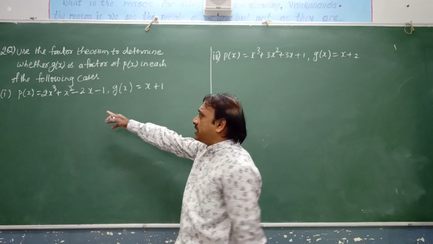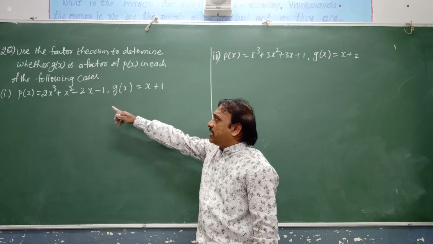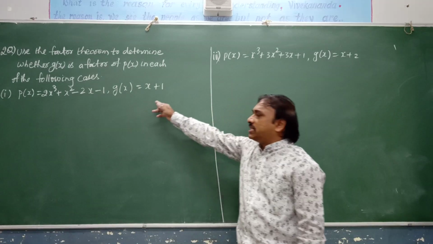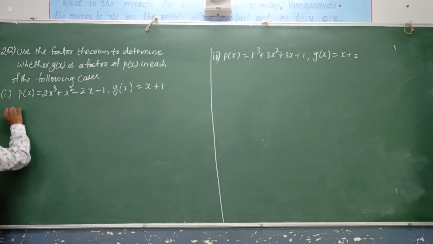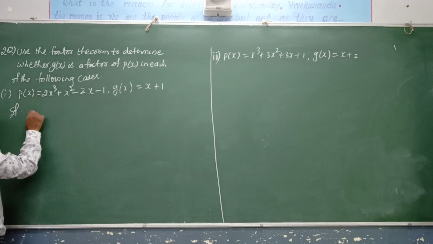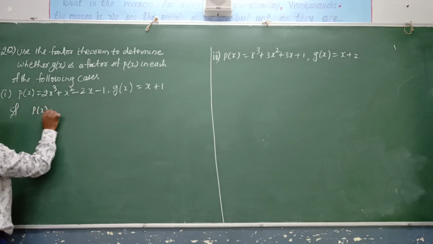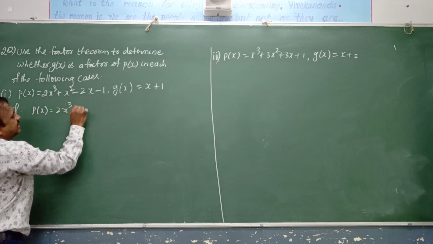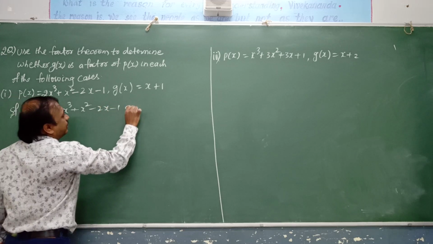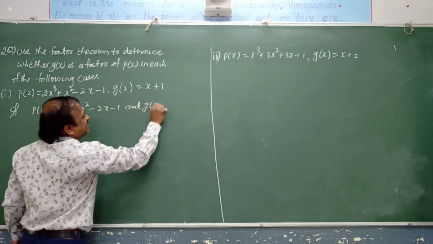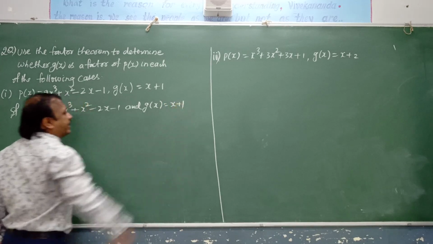What is p of x? 2x cube plus x square minus 2x minus 1, and g of x is equal to x plus 1. So in this solution, let p of x be 2x cube plus x square minus 2x minus 1, and g of x equals x plus 1.